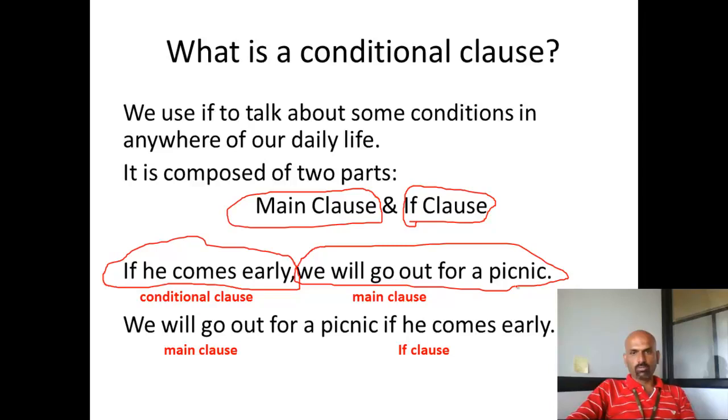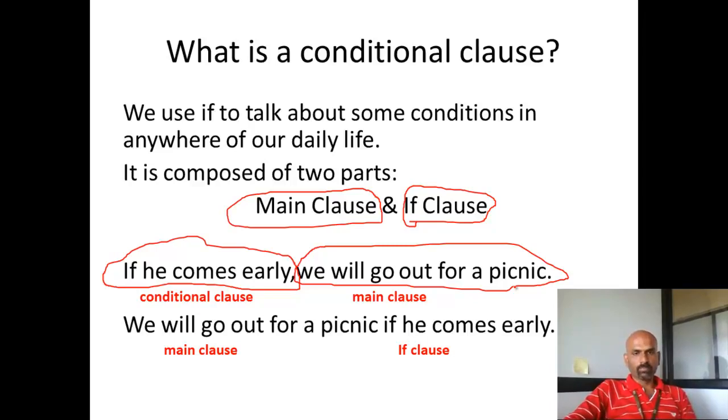We will go out for a picnic, it gives you the meaning, because you should know the difference between phrase and clause. Normally a phrase will not give independent complete meaning, but a clause will give you the complete meaning. That's why all if sentences, that is conditional sentences, will have two clauses. One is the if conditional clause, another one is the main clause.